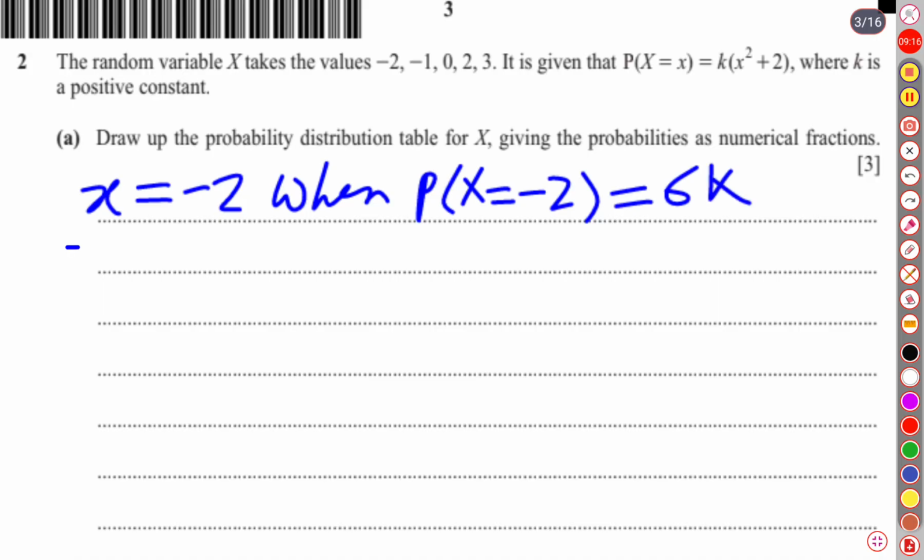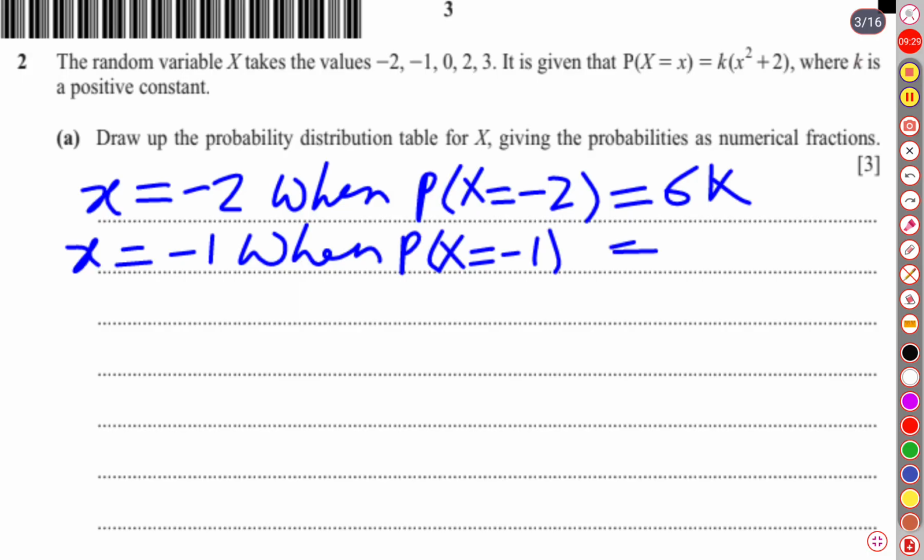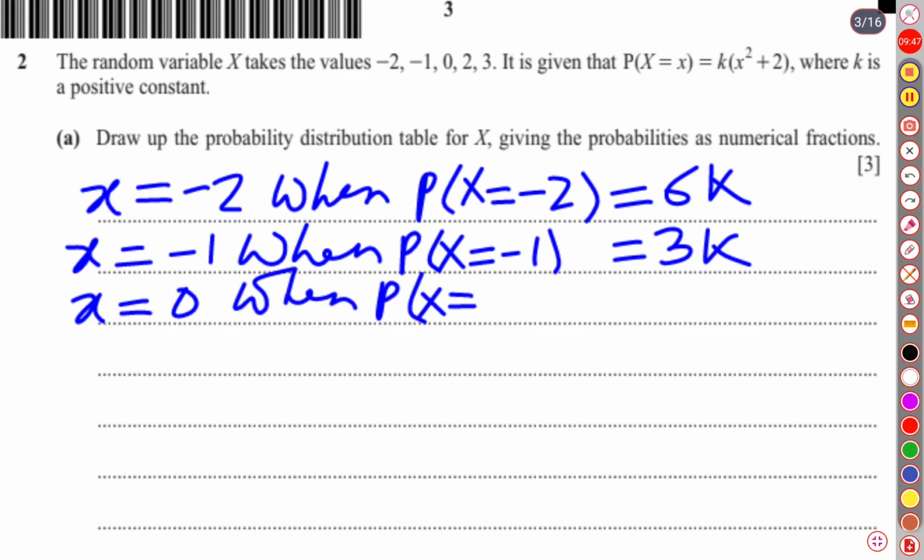Then X is equal to -1: -1 squared means 1, so 1 plus 2 is 3, so 3k. When X is equal to 0, 0 plus 2, it is 2k.